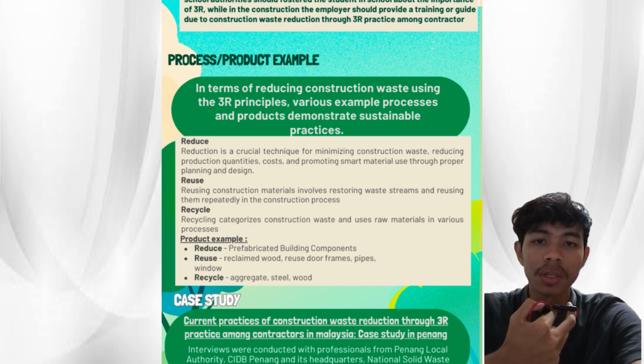Glass can be recycled into fiberglass or used as a substitute for sand in paving, and asphalt can be reprocessed and reused. By recycling, we not only divert waste from landfill but also create valuable new materials from what would otherwise be discarded.